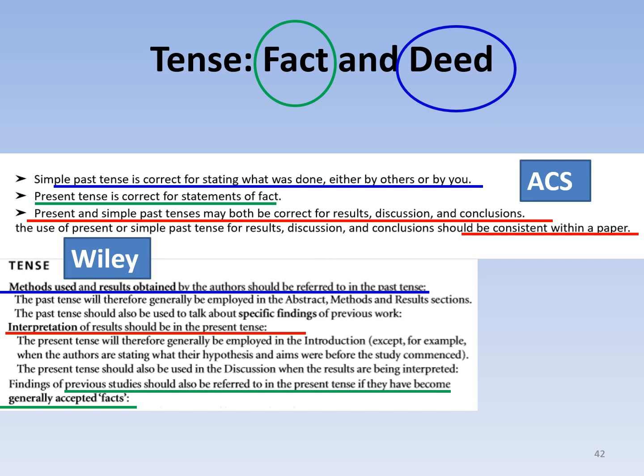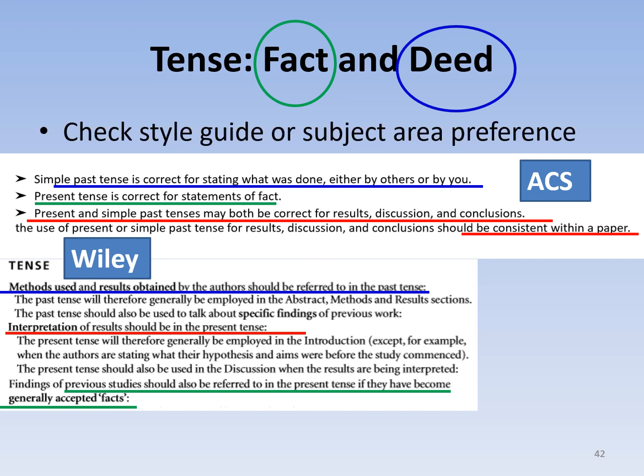Basically, when you discuss or analyze or give an argument of what you think, Wiley wants present tense completely, but for ACS, as long as you're consistent with yourself, it doesn't matter. So that means you really need to check the style guide of the journal that you're submitting to, or the subject area preference.